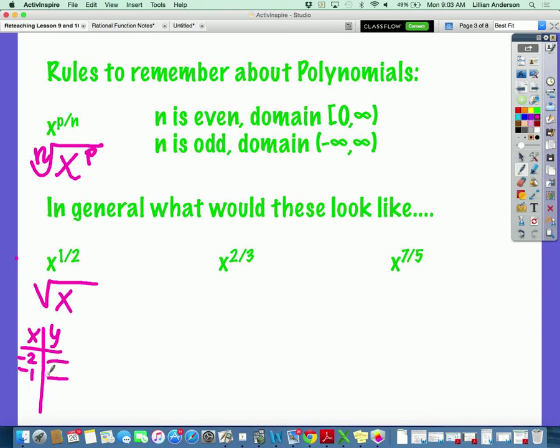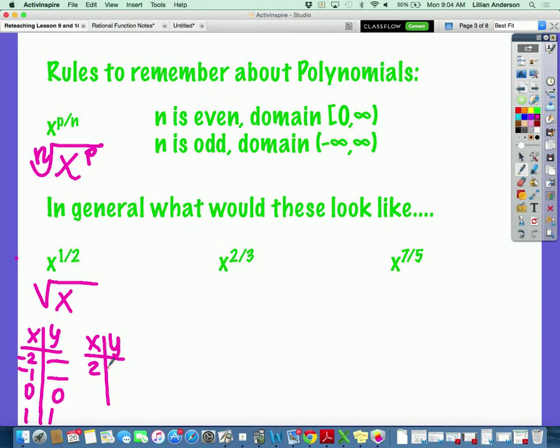You can only take odd roots of negative numbers. What about the square root of 0? What about the square root of 1? 1. What about 2? Square root of 2. What number is that?